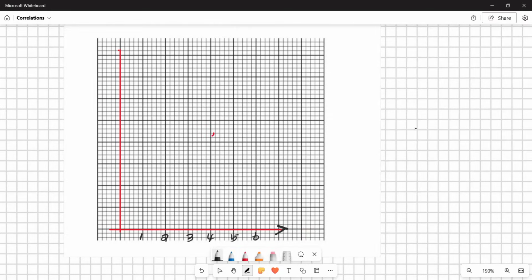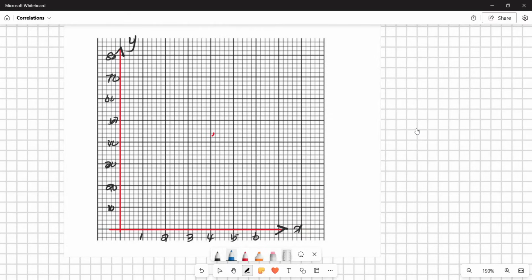This is my X. And Y: this is 10, 20, 30, 40, 50, 60, 70, 80. This is my Y. This is my X.